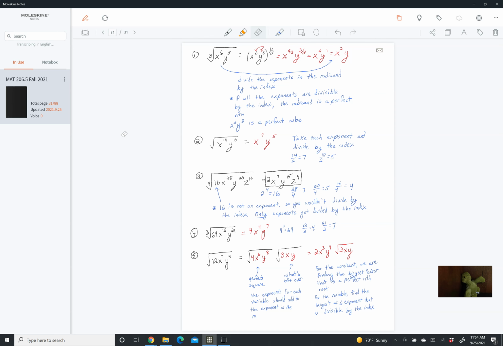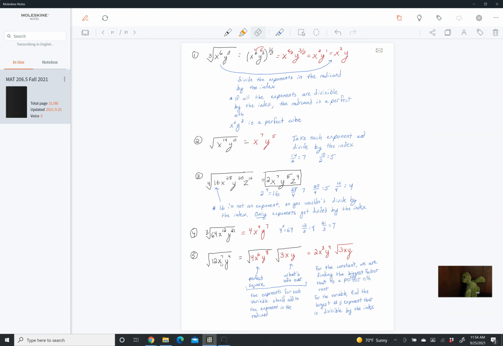And when I say that, I'm referring to what you see broken up in these two sections. So for example, the exponents of x are 6 and 1. When we add that, we get 7. The exponents of y are 8 and 1. When we add that, we get 9.